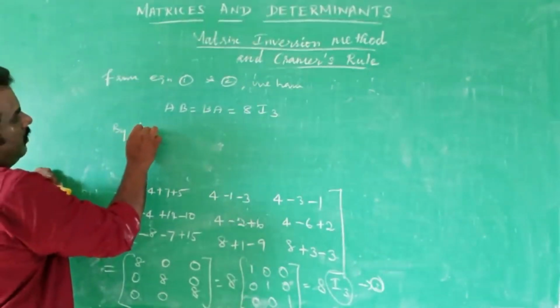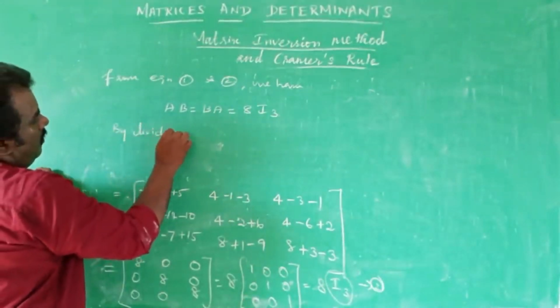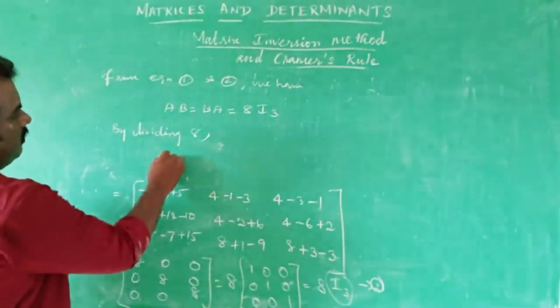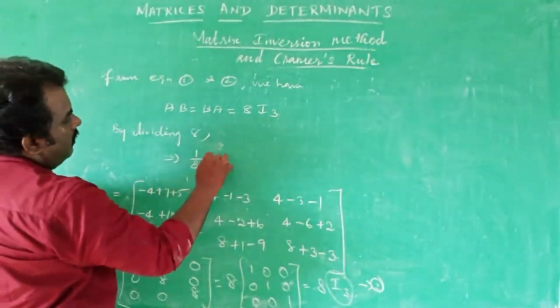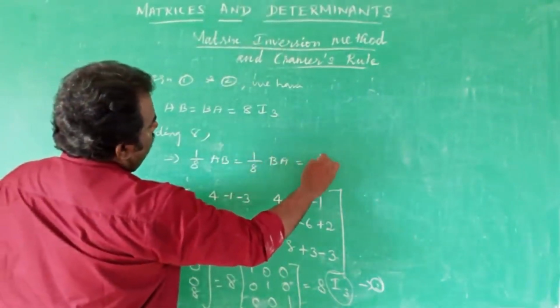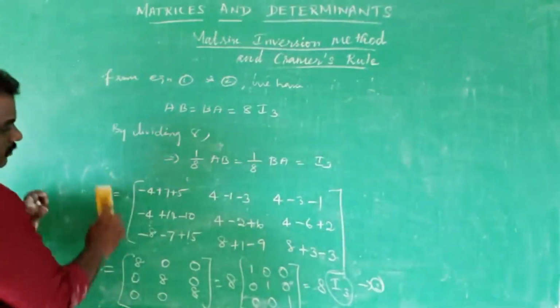By dividing by 8, it implies 1 by 8 AB, 1 by 8 BA is equal to I suffix 3.